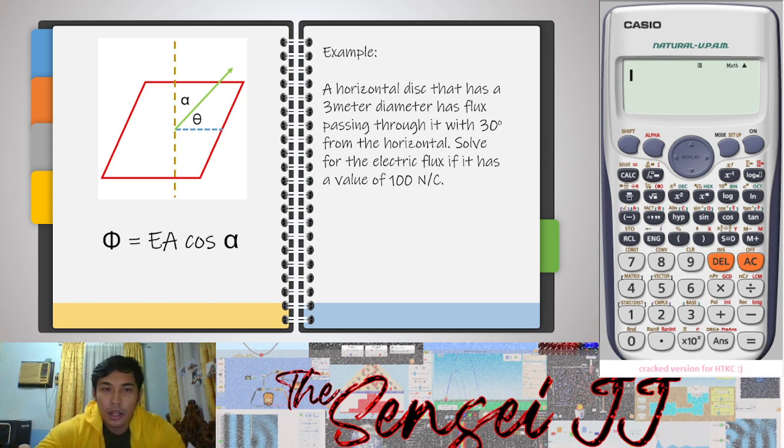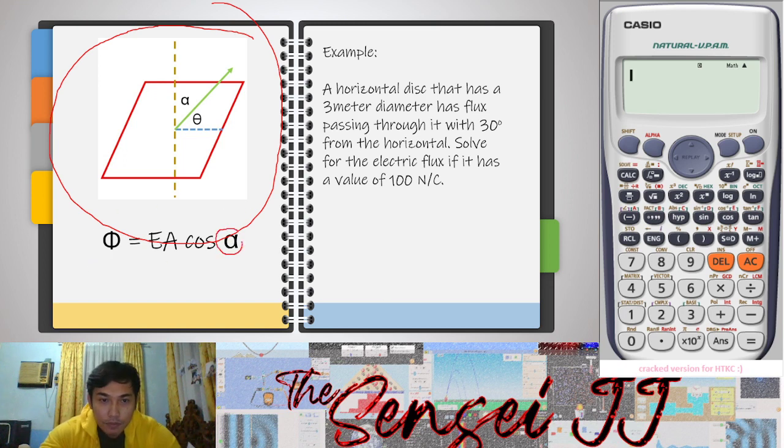Solve for the electrical flux if the field has a value of 100 Newton per Coulomb. So as you can see, it passes through the horizontal. But wait, let's focus here first. We have here our formula phi is equal to EA cosine alpha. Cosine alpha, okay, guys.